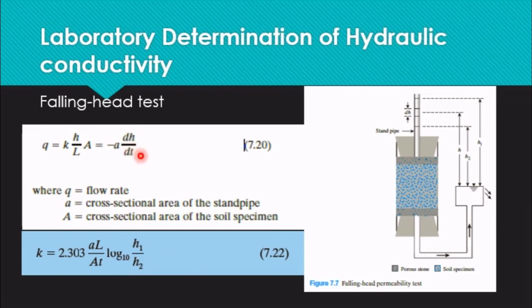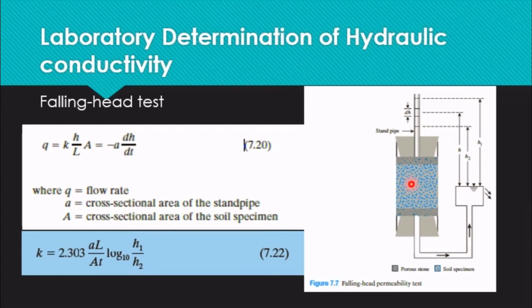So, change in height meaning, kung anong oras nag-start yung test, hanggang sa kung anong oras, or kung hanggang saan mo siya patatapusin, or kung hanggang saan siya bababa. I-record mo yun. Normally, ginagamit to sa mga fine-grained soil. So, kasi medyo matagal tong test na to, inaabot to ng araw.